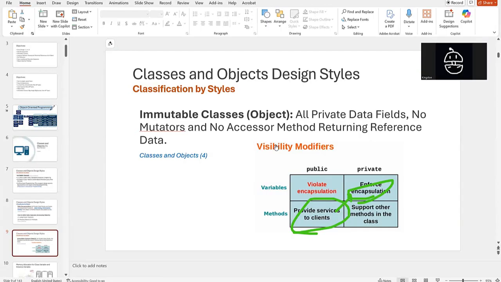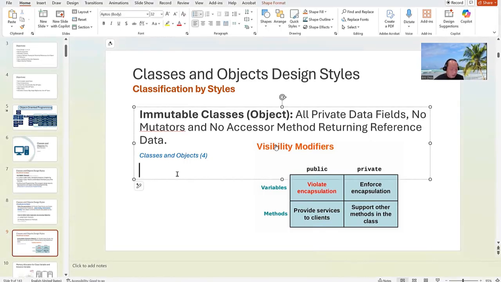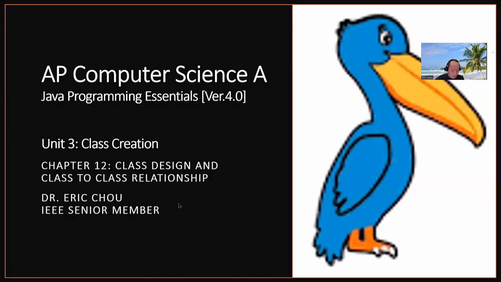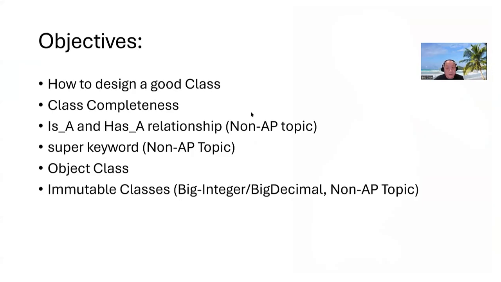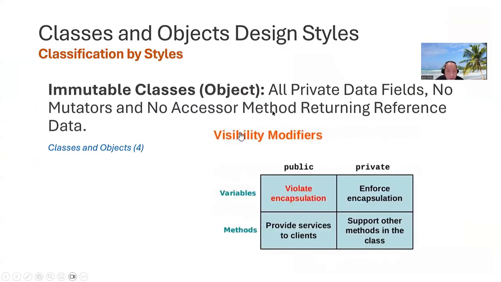Yeah. And sometimes there's a violation, say you have public available, then your data is at risk, but sometimes it's more convenient. So whether you like the convenience or you like the security, up to you. The programming language provides you the feature, that doesn't mean you need to use private all the way.